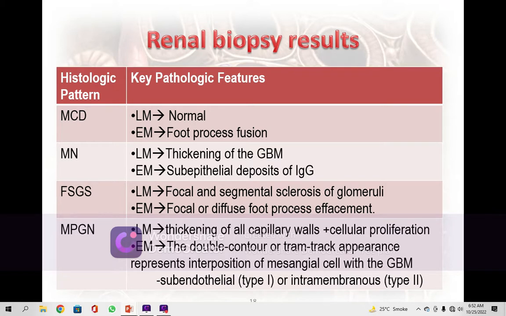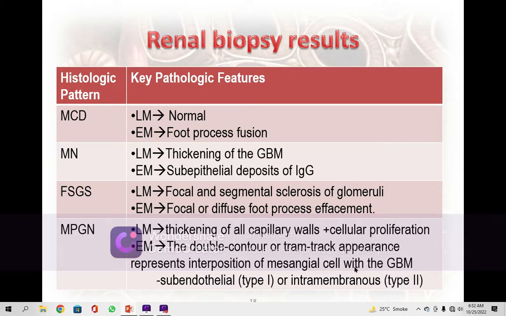And in electron microscopy, you find the double contour or tram track appearance and the interposition of the mesangial cells. So it is membranoproliferative glomerulonephritis, also called mesangial cell glomerulonephritis.